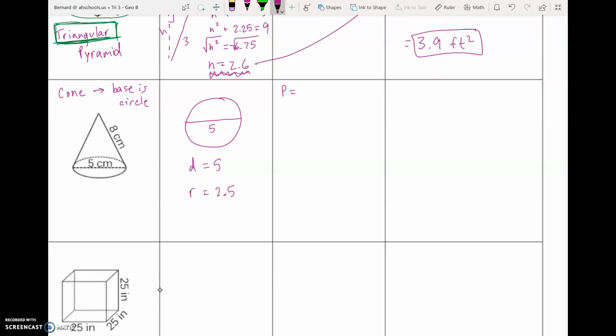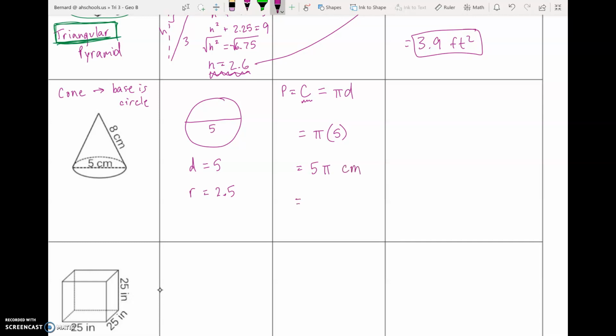Remember, the perimeter of a circle is really called the circumference, and the formula for the circumference is pi times diameter. So for us to find the perimeter, again, remember in a circle, we call that the circumference. We just do pi times diameter. So pi times 5, and then that'll equal, in exact form, 5 pi, and it looks like centimeters is our unit.